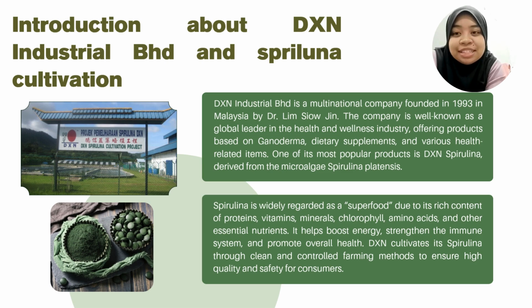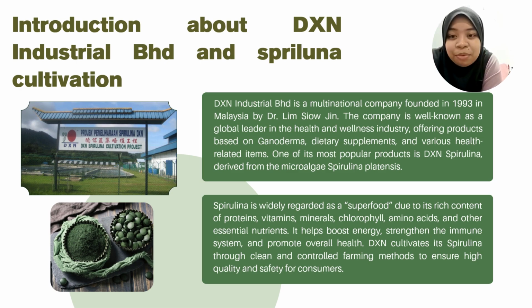Alright, so for this slide, I'll be sharing a bit of introduction about DSN Industrial Berhad and also the Spirulina cultivation process. DSN Industrial Berhad is a multinational company founded in 1993 by Dr. Lim Seong Jin in Malaysia. DSN is a global leader in the health and wellness industry, especially known for products based on Ganoderma and other health supplements.